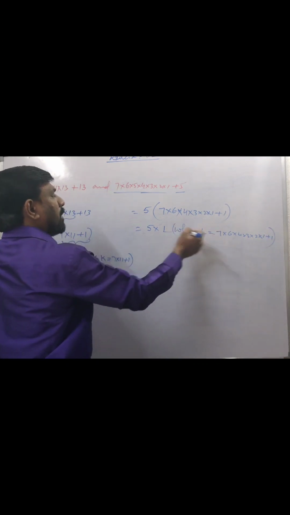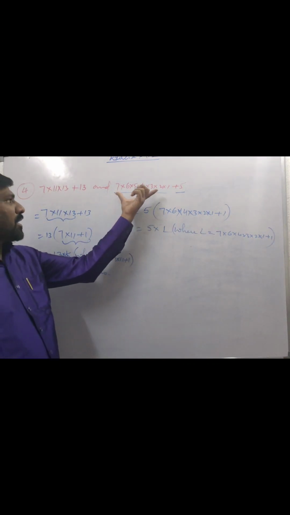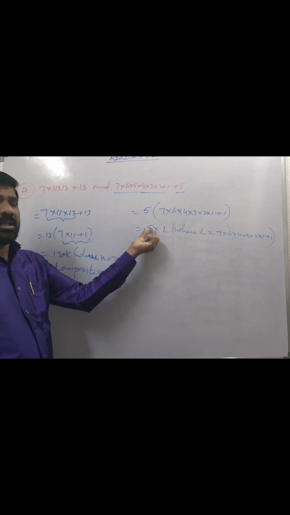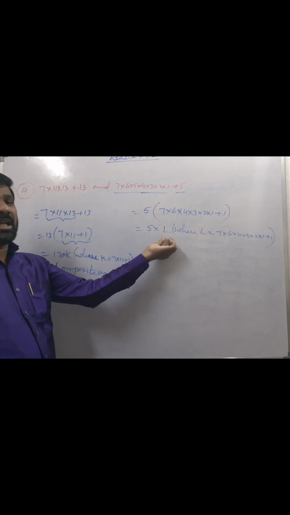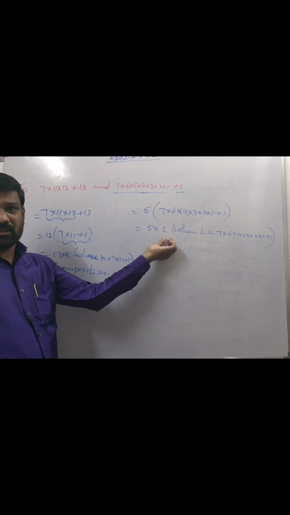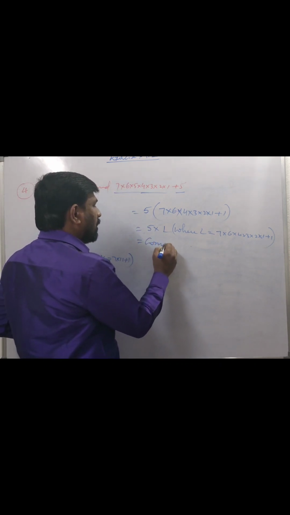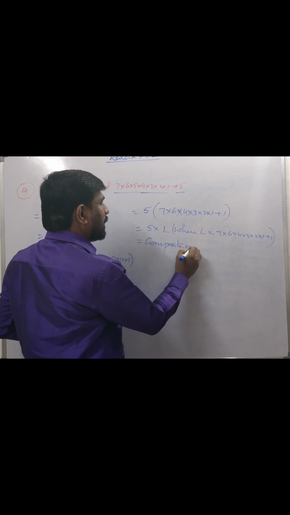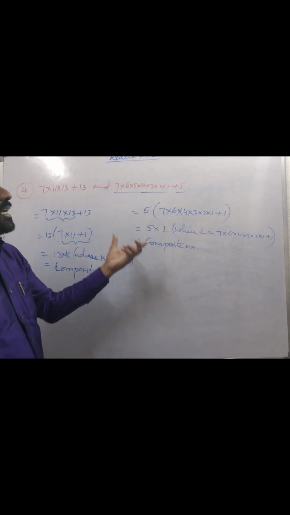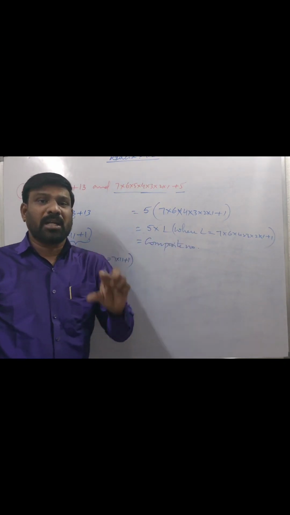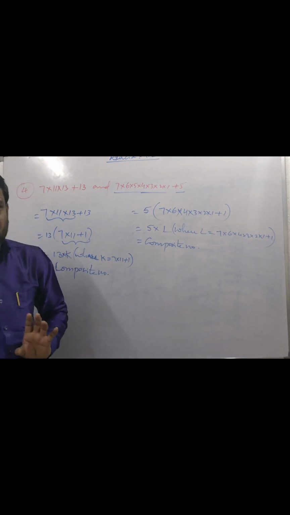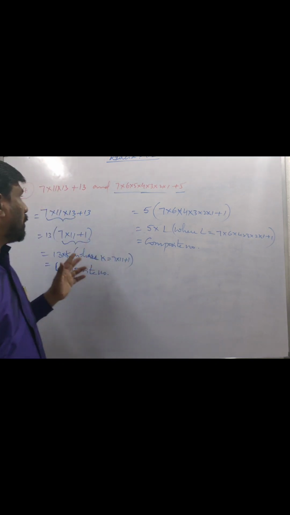I am taking this total number as some L. Now I have expressed this also in the form of a product of two numbers, 5 and another number, but not 1, isn't it? So can I conclude that this is also a composite number? Because it has been expressed as a product of 2 factors other than 1. Clear? This is about the fourth problem.